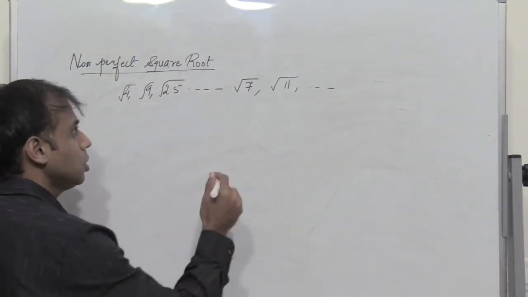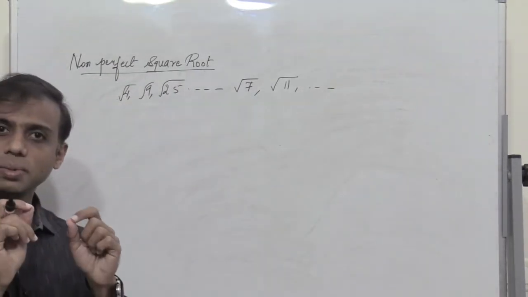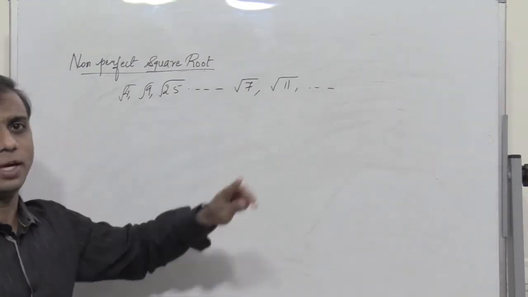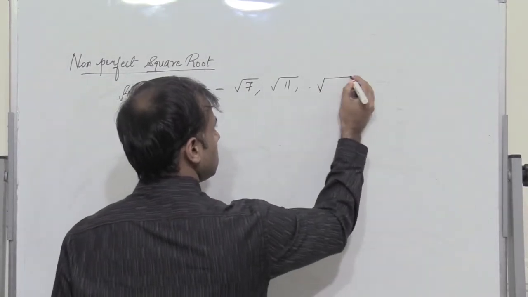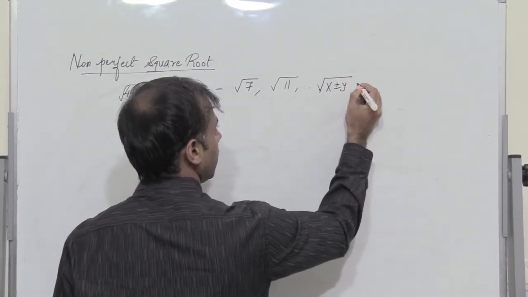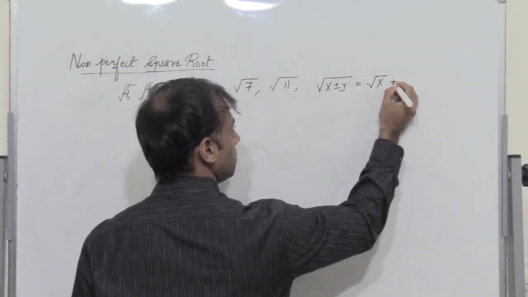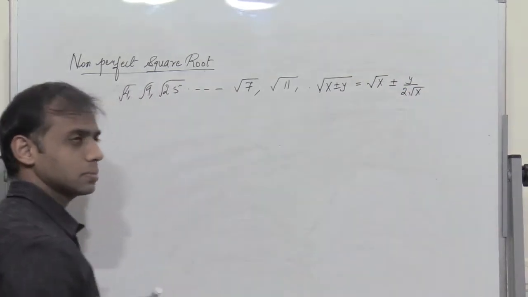So what is that formula? I will write a simple expression and you just have to remember it, and we can find the root of any number very easily within seconds. Root of x plus or minus y equals root x plus or minus y divided by 2 root x.